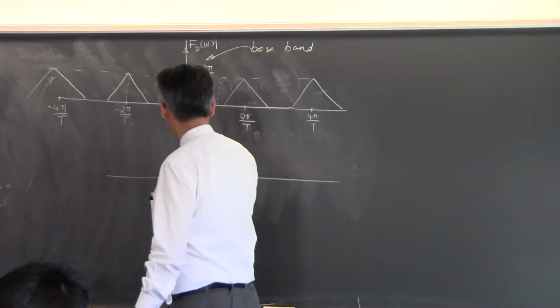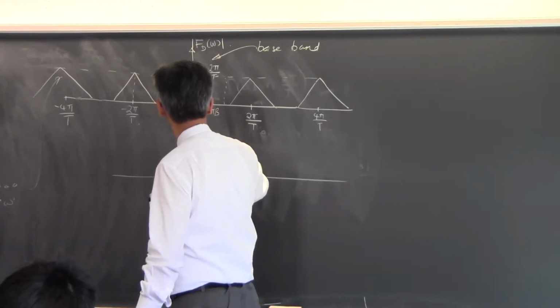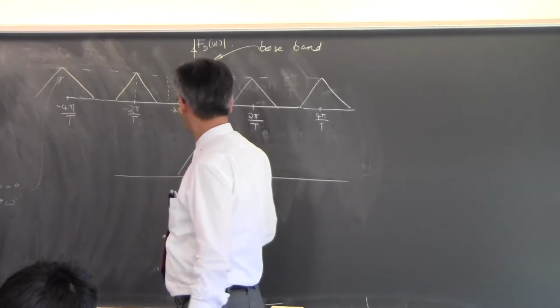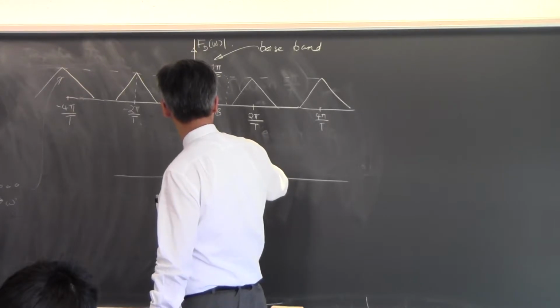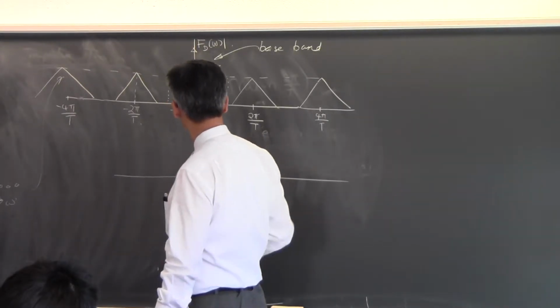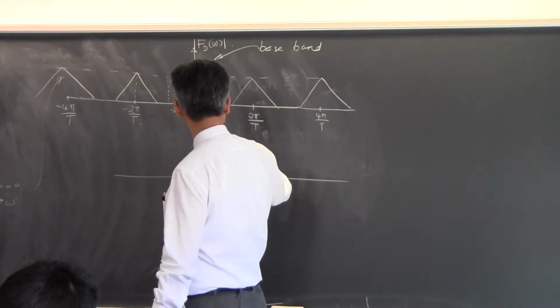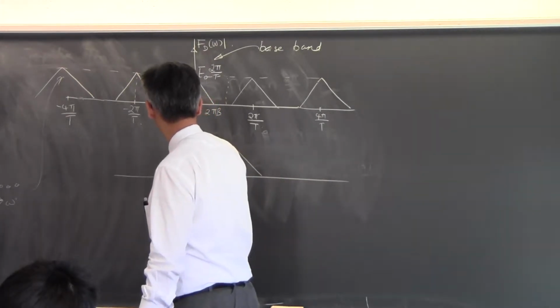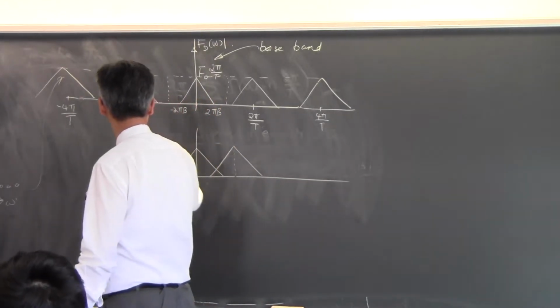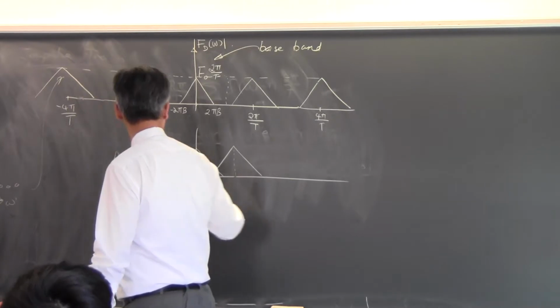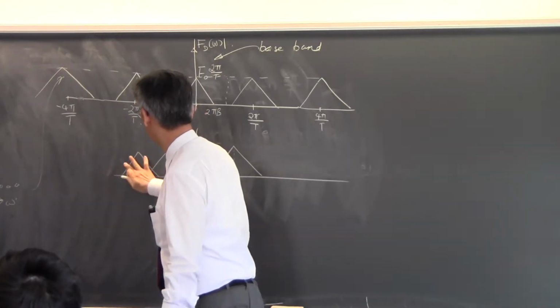You will have the first triangle over here. And then if T is not small enough, the second triangle might be standing over here and overlap with the first triangle. You will have a picture that looks like this.